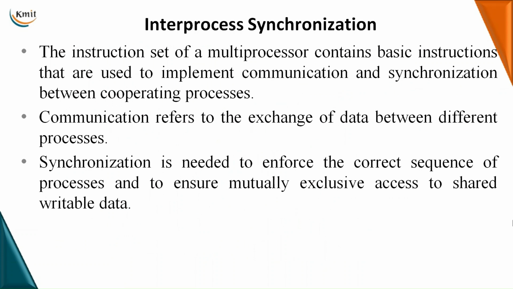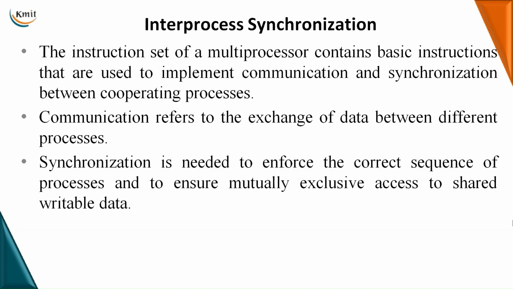When we talk about processes, there are two different types of processes. As you might have come across in your operating system, there are independent processes and cooperating processes. Independent processes are not affected by, and do not depend upon, any other processes for their execution.